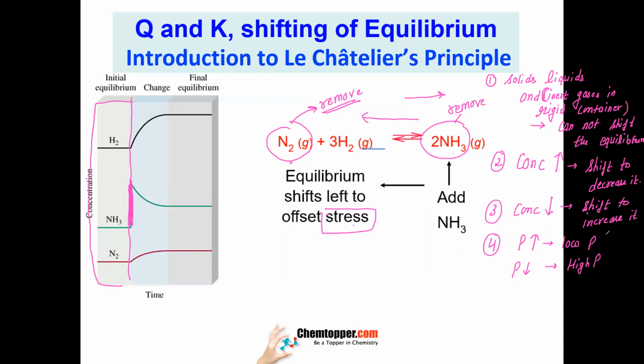You have to compare the moles on both the sides. Compare moles of gases. Don't try to take solids and liquids. Their pressure doesn't matter. Pressure is important only for gases. Compare moles of gases on both sides.